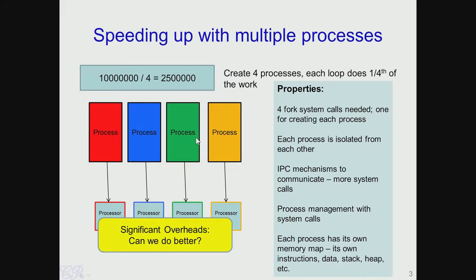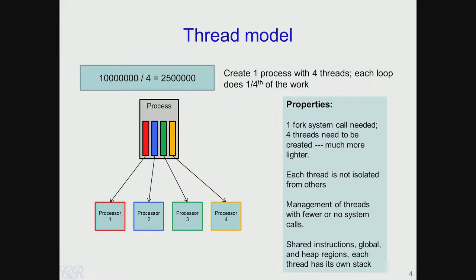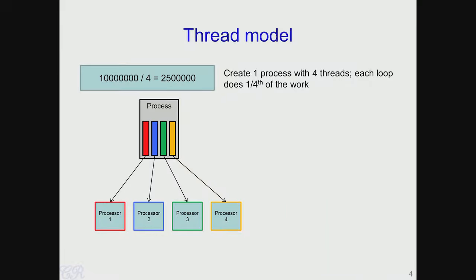In order to achieve this, the concept of threading is used. With threading, like before, we divide the entire space of 10 million into 4 parts of 2.5 million each, but instead of creating 4 processes as we did earlier, we will only create one process, and within this process we create an execution entity which we call a thread.